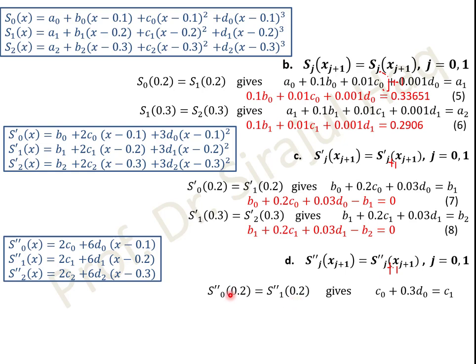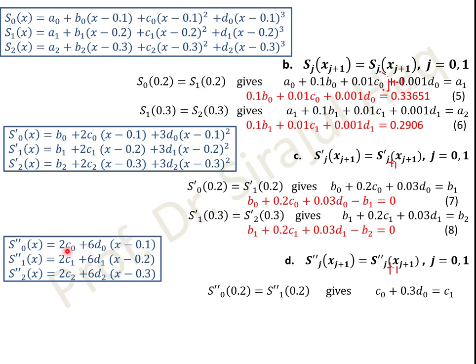So when you substitute the value here, this term will become 0 and we will be left with 2c1. And when you substitute the value here, x is 0.2 minus 0.1 is 0.1.